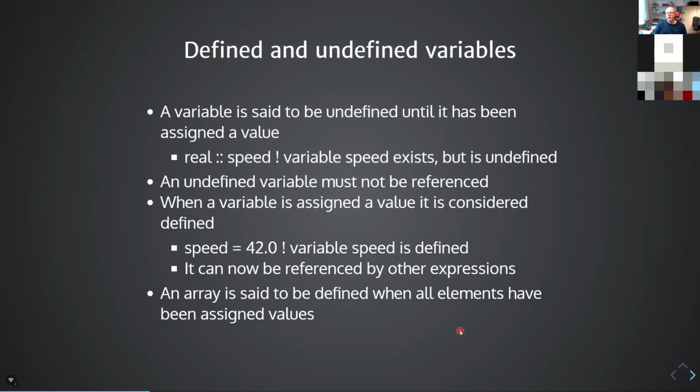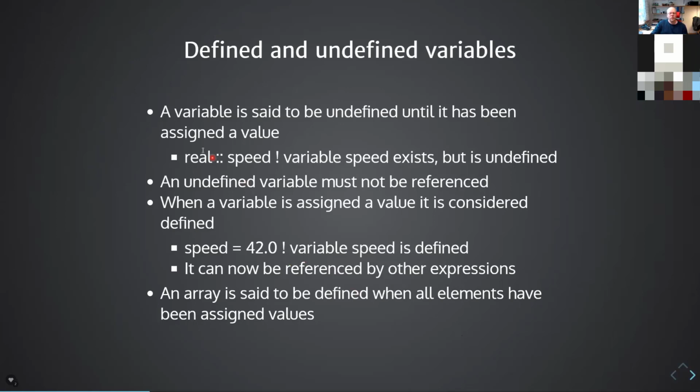Also, an important distinction with Python, a variable that is declared but never assigned is considered undefined. So you can never assume that a variable is 0, for example, if you just have declared it. What happens is that Fortran will allocate a memory location for that variable, but until it has been assigned, it just points to some memory location in your computer that can be anything.